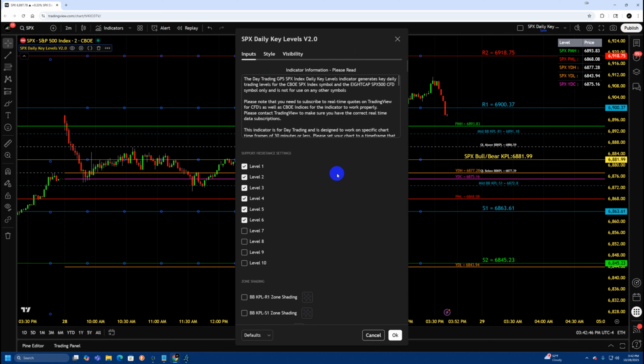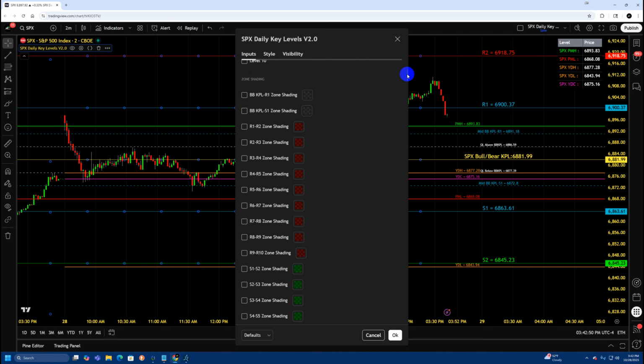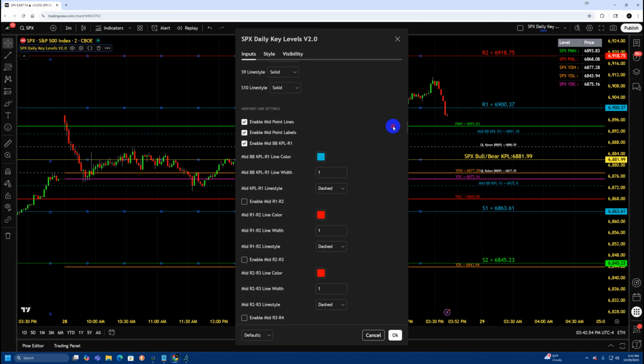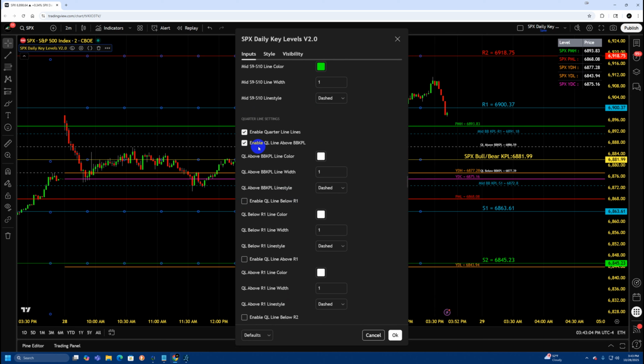The second thing you're going to do is turn off the midpoint lines and midpoint labels. The third thing you're going to do is go down to the QL level section and just turn off enable quarter level lines.